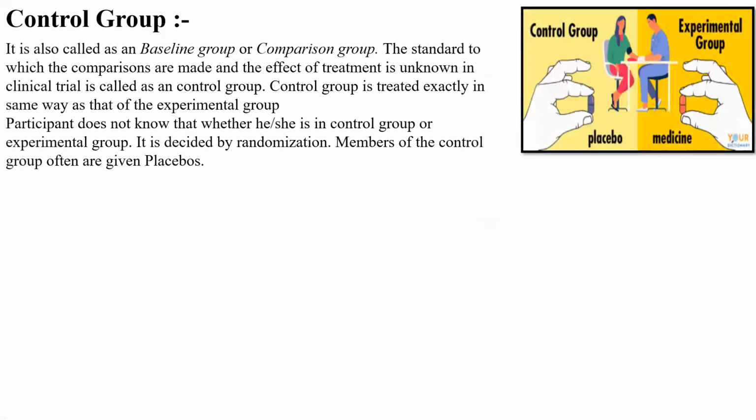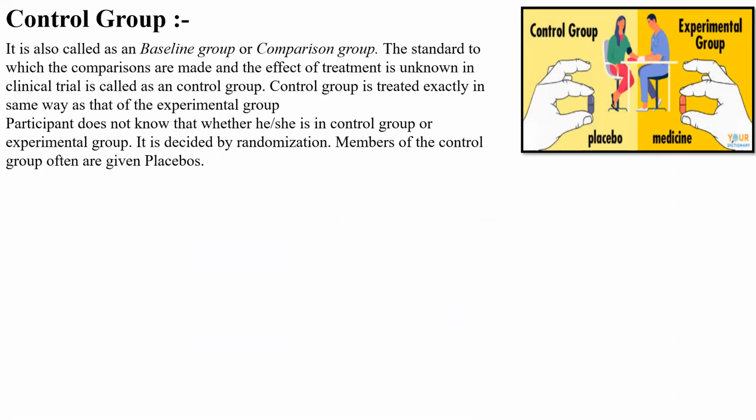Next is the control group. In the picture you can see what the control group is and what the experimental group is. The control group is a baseline group and a comparison group, where we compare our treatment with the known treatment, meaning the unknown treatment is compared with the standard treatment.